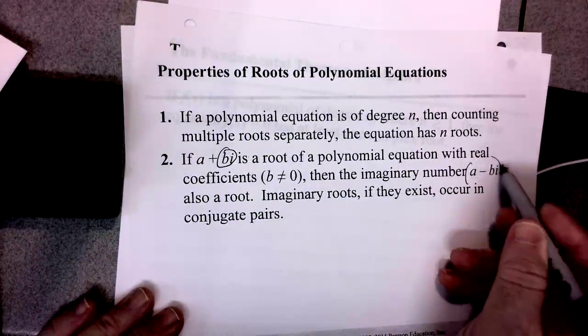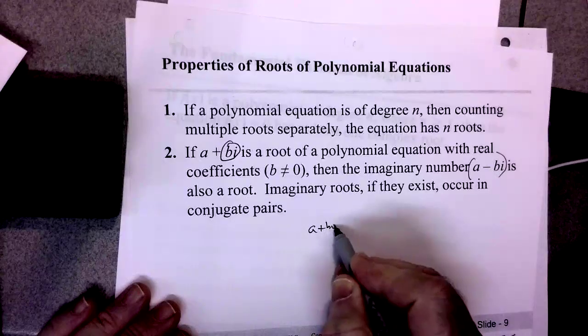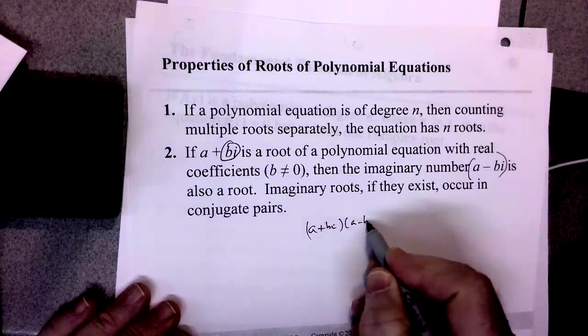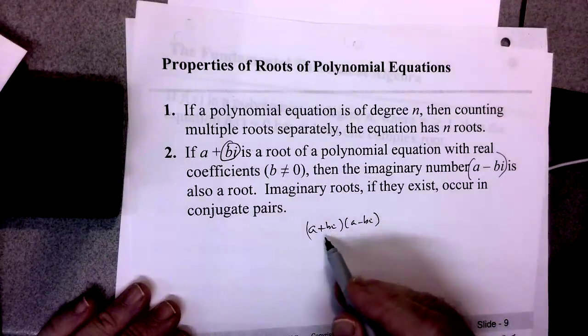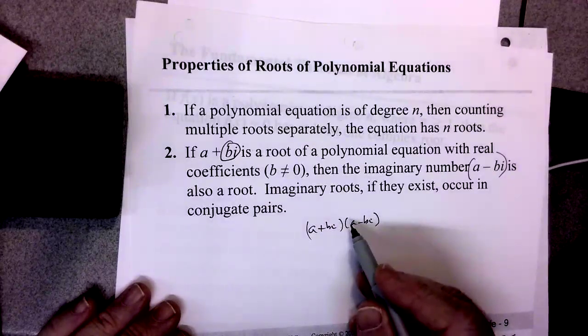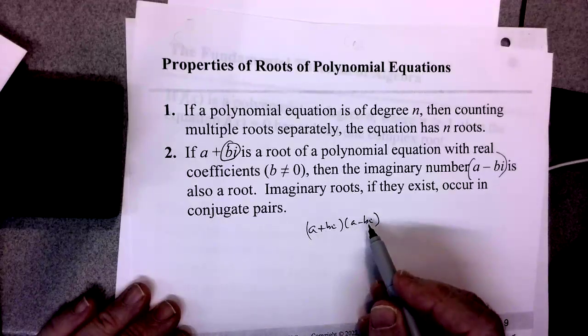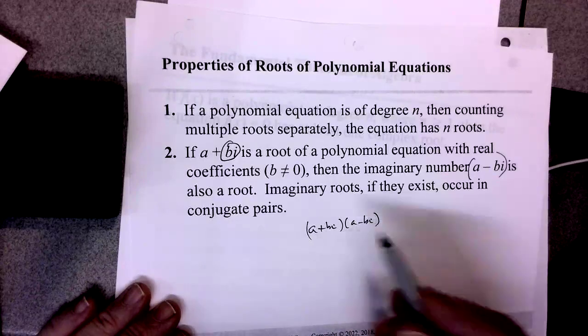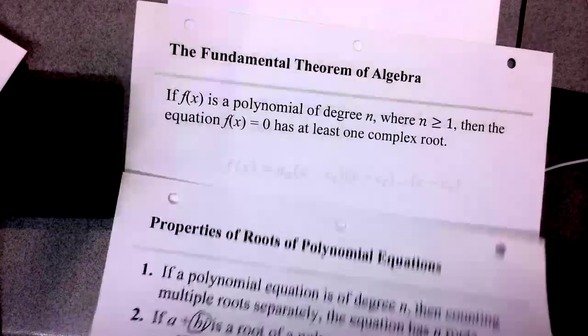And the reason for that is, if you recall, that if we multiply a plus bi times a minus bi, then what happens in that multiplication process is the i values cancel out, and we wind up having just real numbers. And so that's important because we want to make sure that the polynomial that results in the multiplication has only real number coefficients.